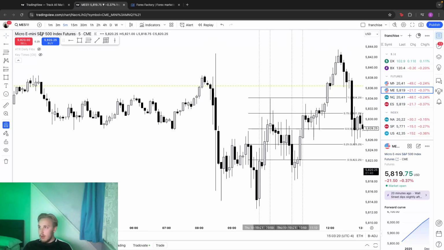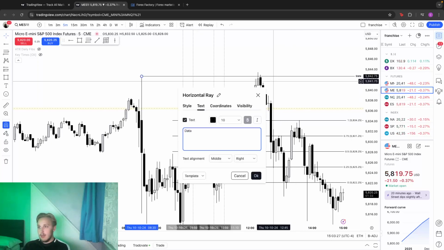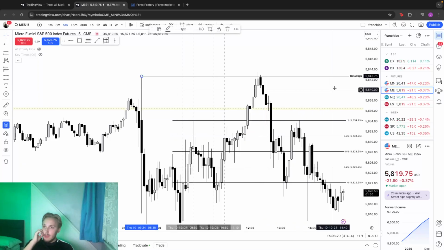Now I'm going to mark data high again just on here. As you can see, the exact precision of the markets. So yeah, that's data high.